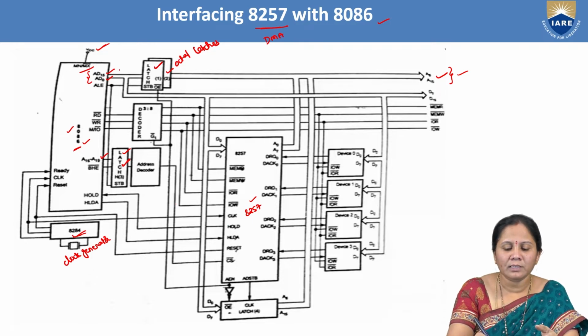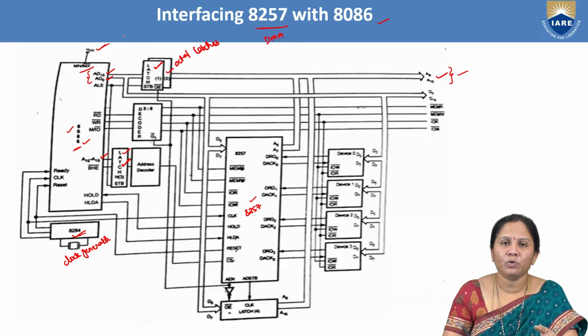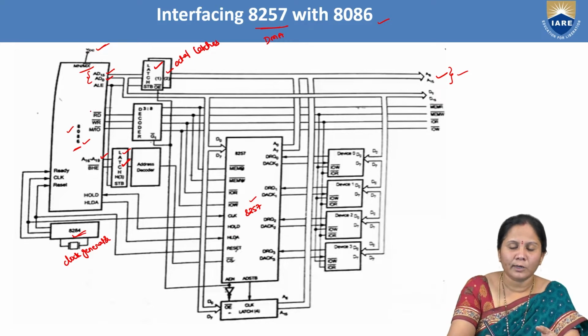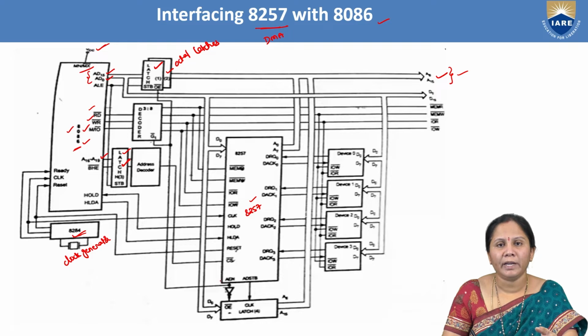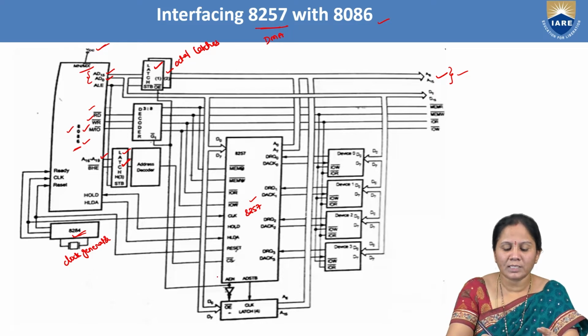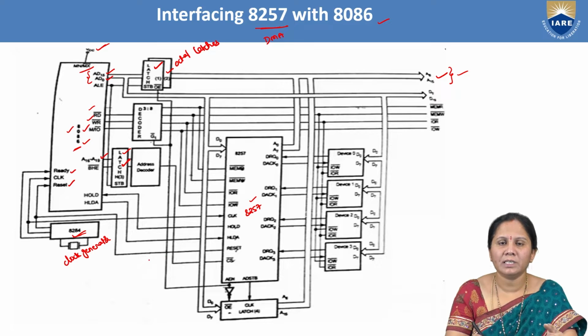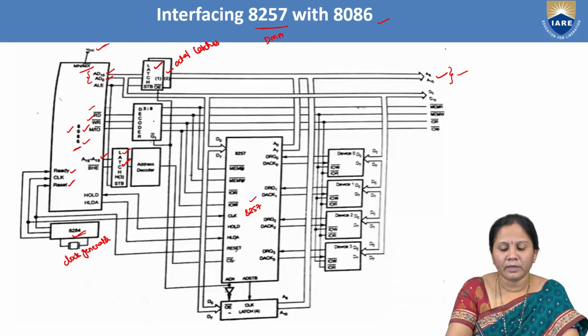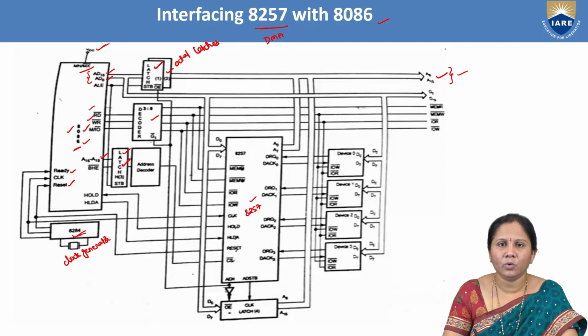And here, since this 8086 microprocessor is operating in the minimum mode, all the control signals like RD bar, WR bar, that is read, write, memory and IO, and all the control signals like ready, reset, clock, will be present within 8086 microprocessor itself. And here this is a 3 to 8 decoder.